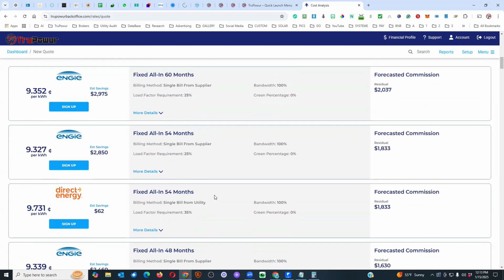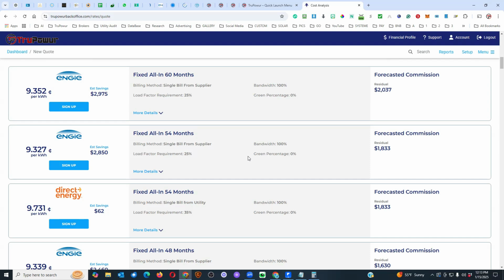come down, and now we can see that I'm going to be able to take this customer and actually save them $2,900 and make a couple grand doing it. So it's really important to know how to calculate that to make sure that you're using the most accurate numbers.